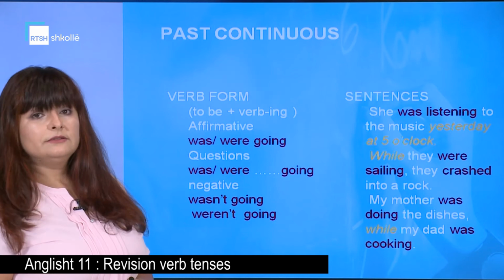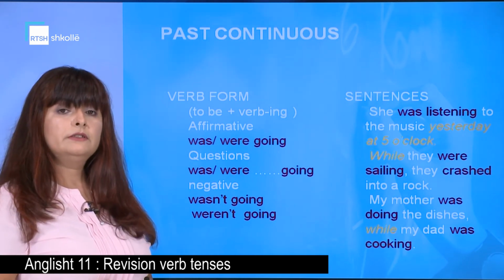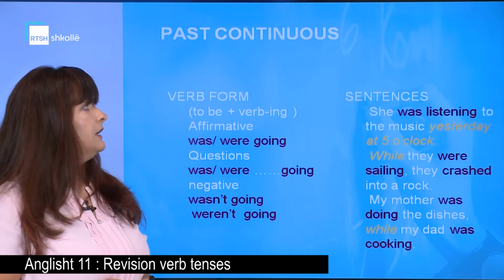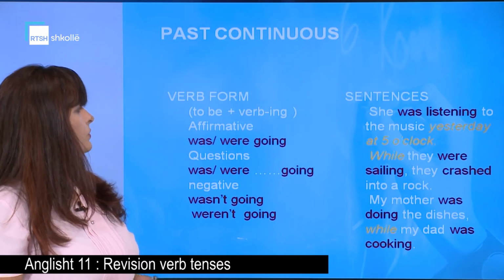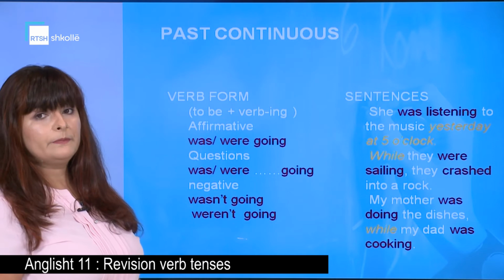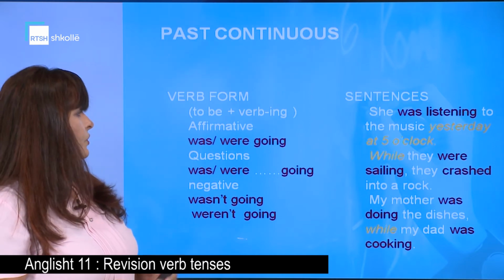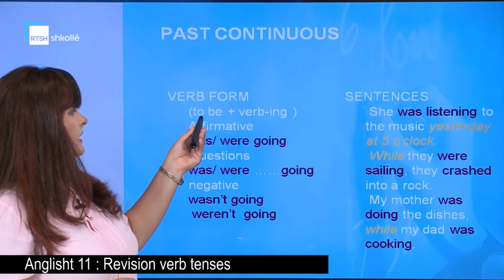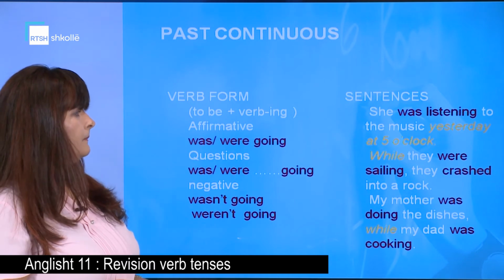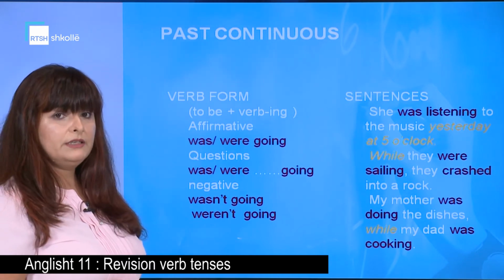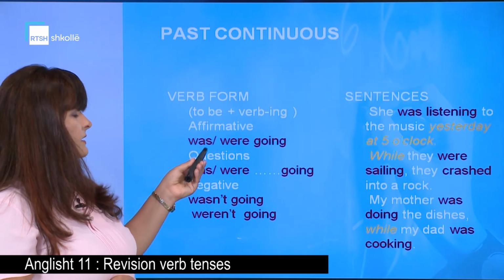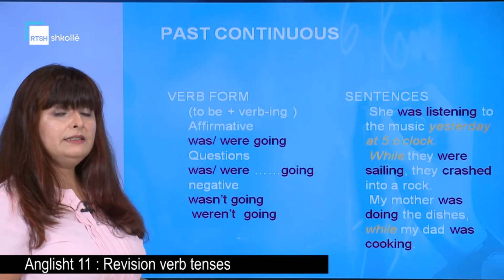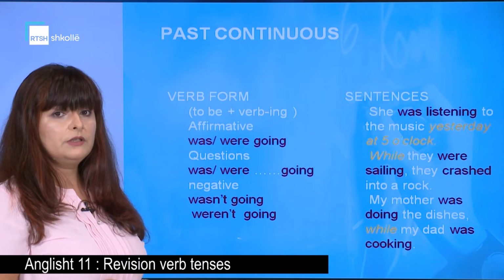Another tense that you have covered the previous year is past continuous. What about the verb form? As in present continuous, we have the verb to be plus the verb with ing. But as far as the verb to be, in past continuous we have two forms.